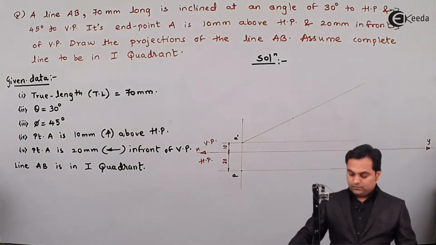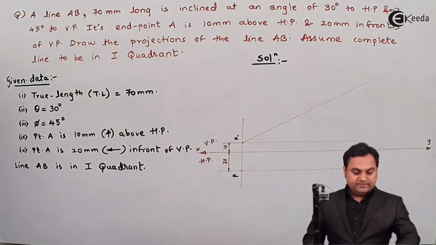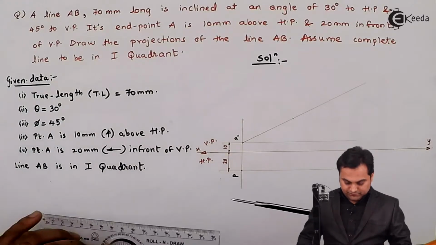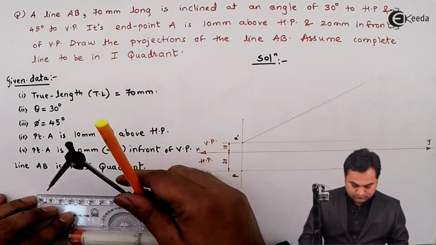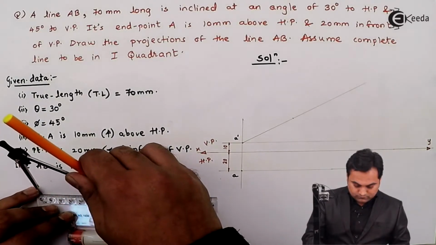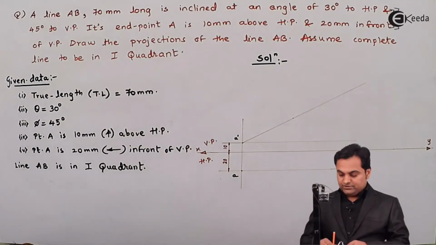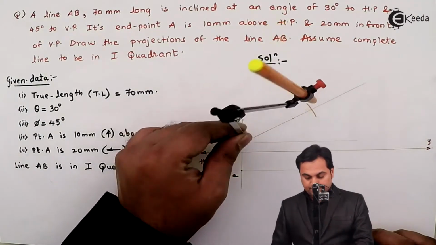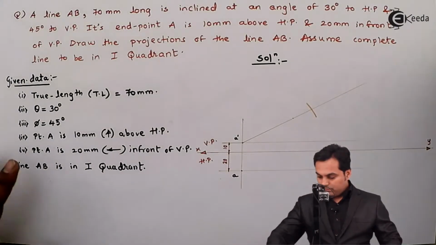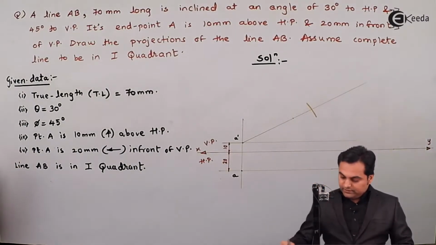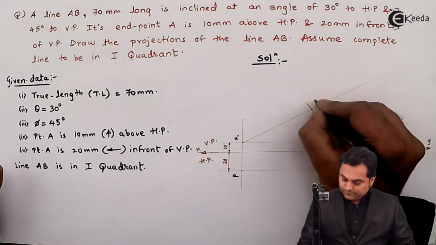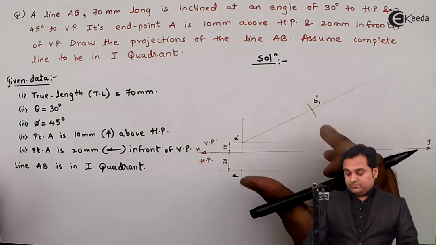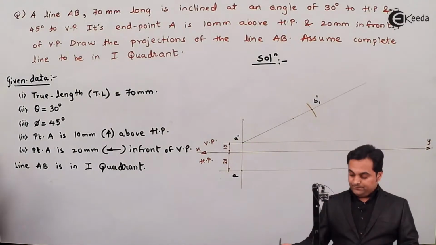Then measuring the length, which is 70 mm in the compass, because that is the true length which is given here. Measuring this 70 mm, cutting this line. So here I'll give the notation as B1 dash, that is the front view for the true length of the line.